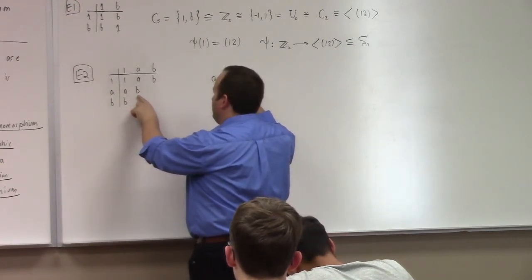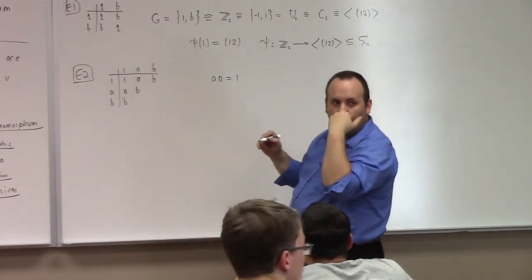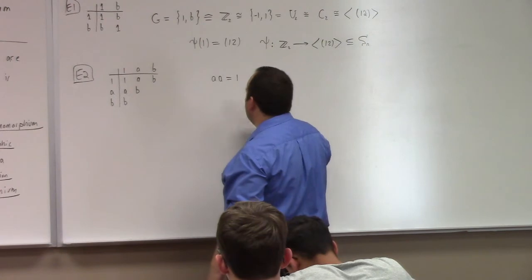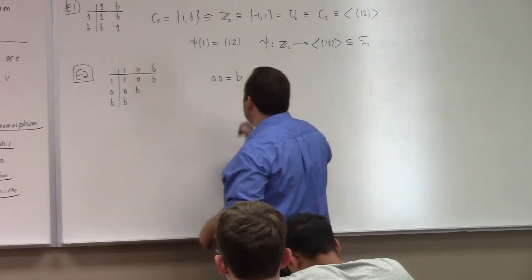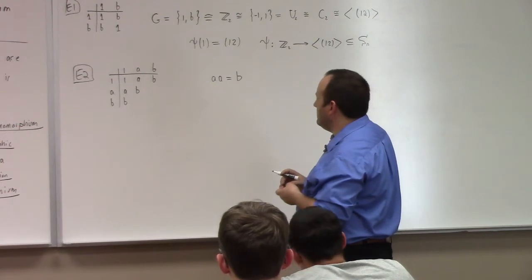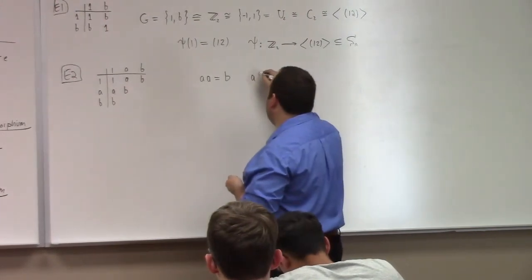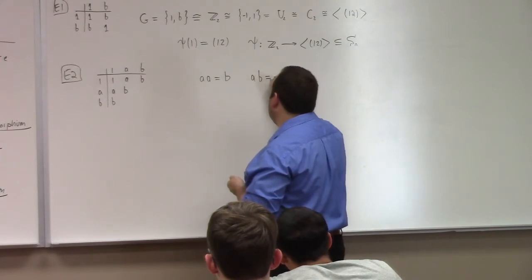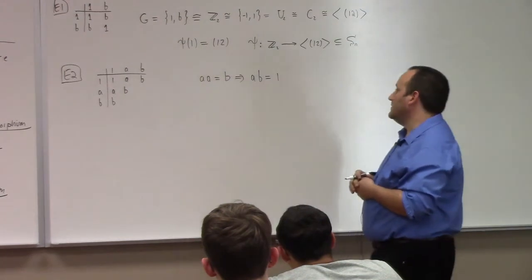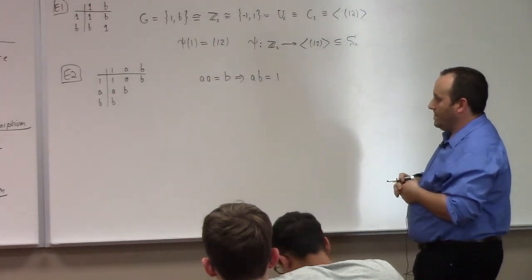If AA is equal to, what did we say, 1? If AA is equal to B, then AB has to be equal to 1. So you're saying if that, then that? Was your point? Why is that not allowed, though? What if A and B are not inverses of each other?